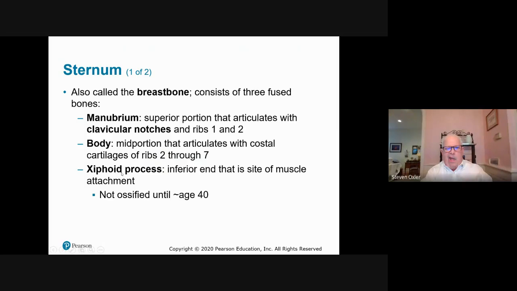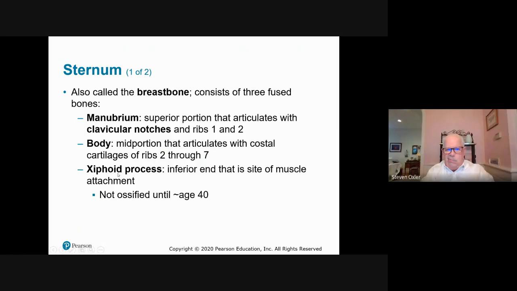Okay? And for those of you that know CPR, this is where you are told, before you put your hands on someone's chest to do compressions, to find the xiphoid process and then go above it to press on the body to do CPR.